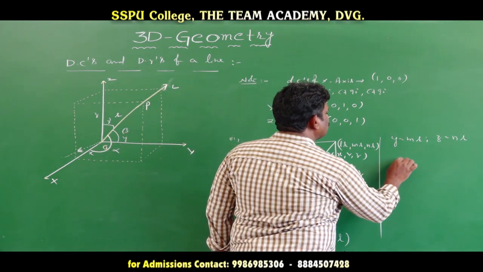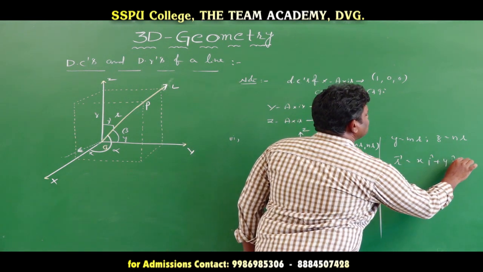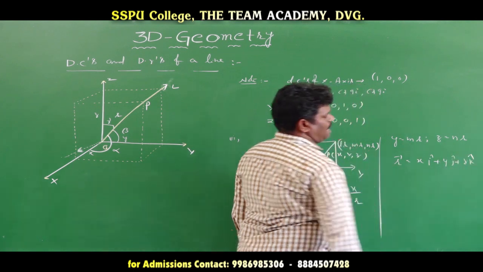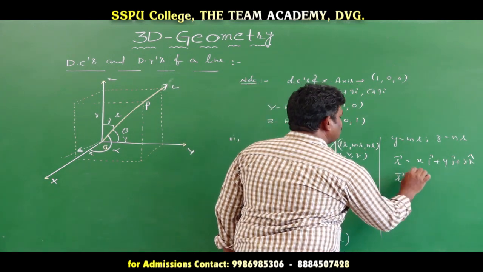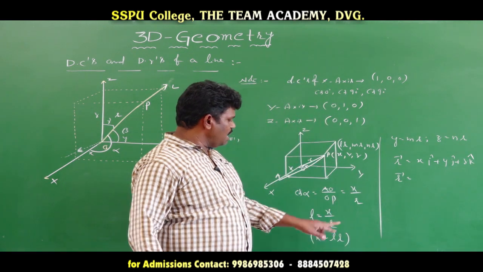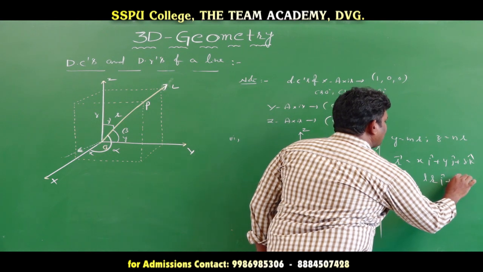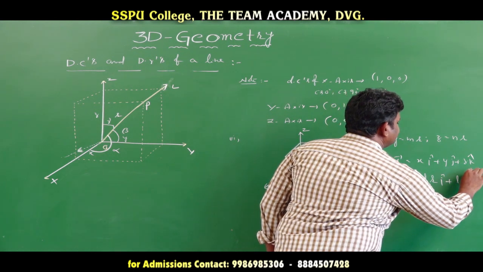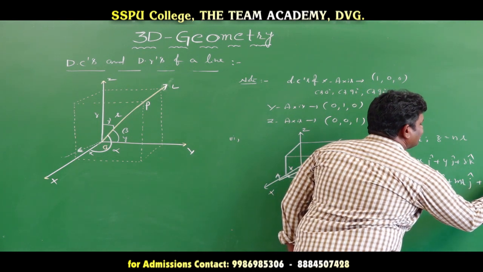R bar is equal to XI cap plus YJ cap plus ZK cap. Here X is LR, so R bar is equal to LR I cap plus MR J cap plus NR K cap.